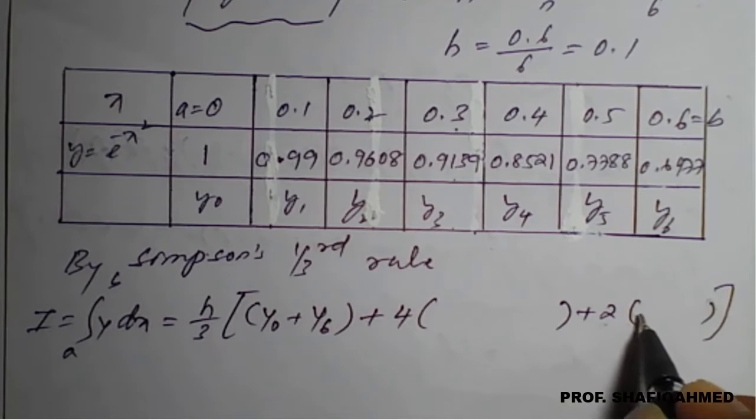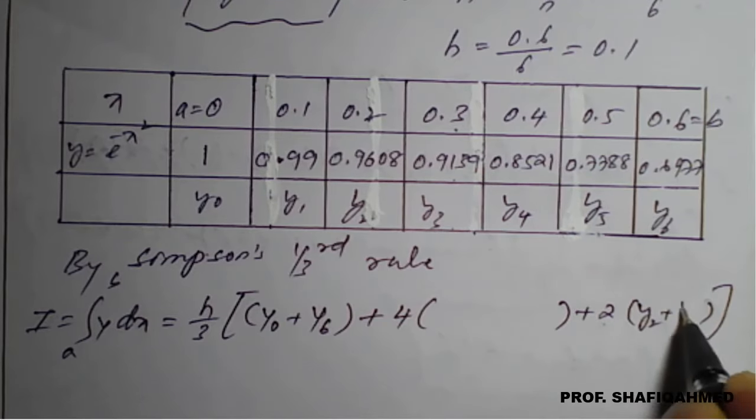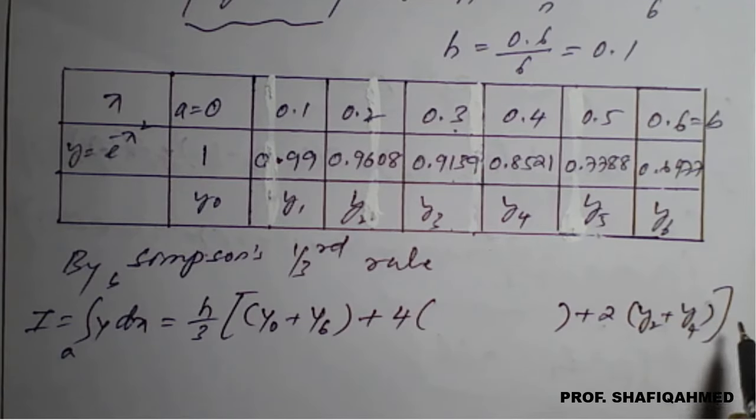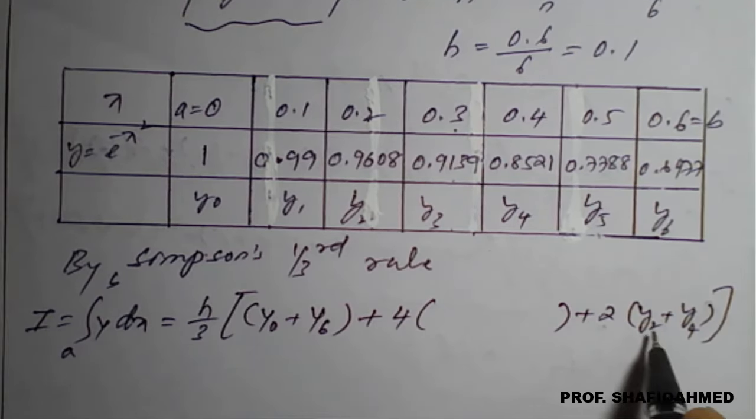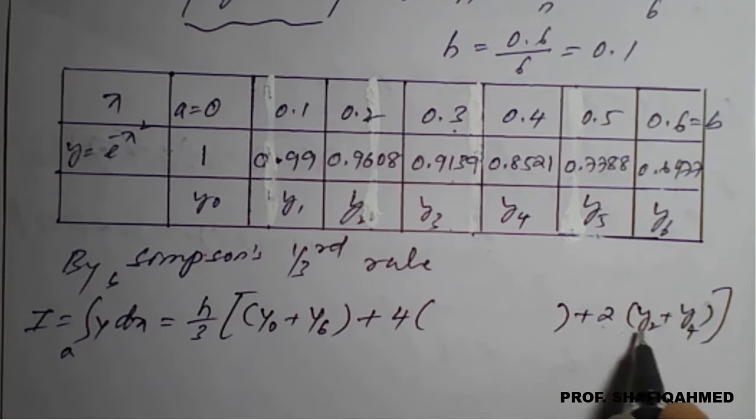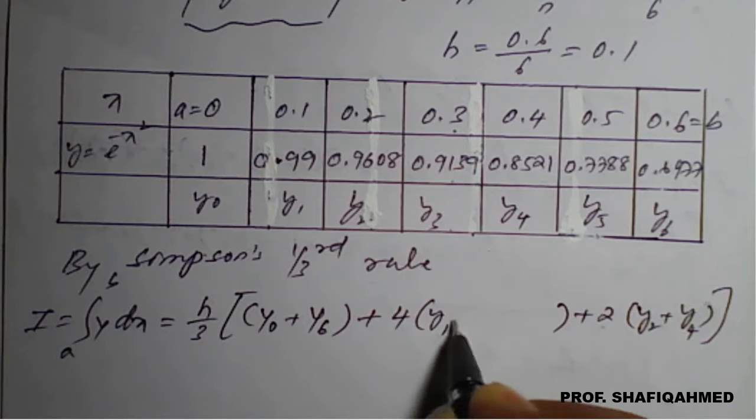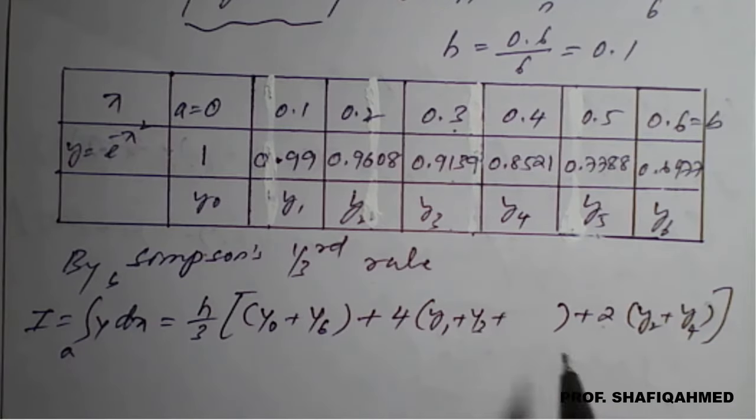In the last bracket, the multiples of 2 means y2 plus y4 plus y6 will come, but y6 we have already taken, so only y2 plus y4. The remaining ones, y1, y3 and y5, go in the 4 times bracket.